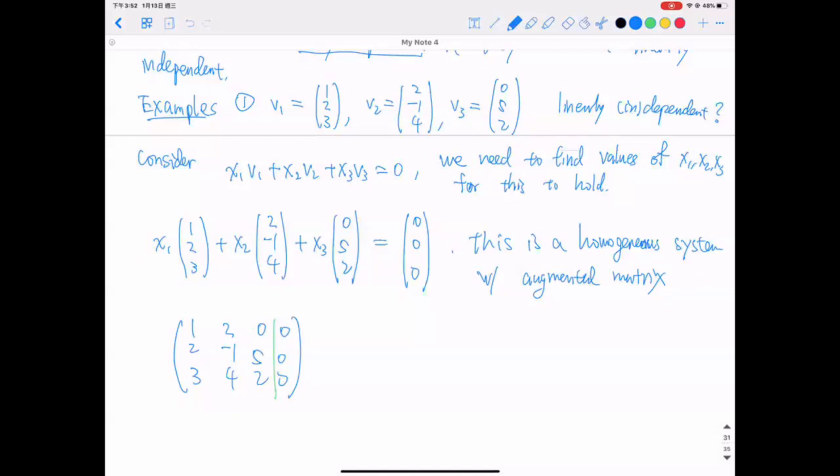Finding all the possible values of x's amounts to solving this system. So that's what we need to do.